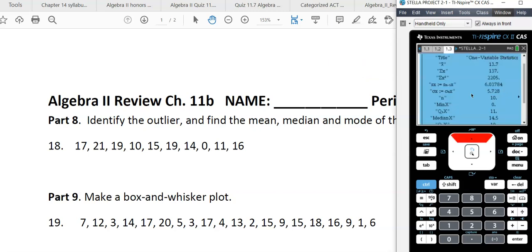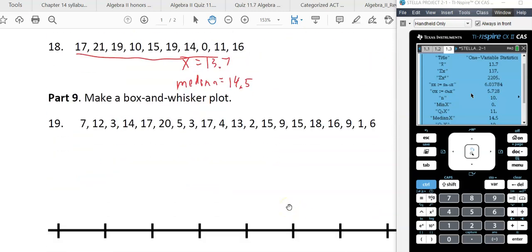And if you look at it, you get x bar, which is the mean, is 13.7. And the median it says is 14.5. You could actually put that in order first and then find the middle number. You can also add them up on the calculator and divide by the number of terms, and that would work as well.